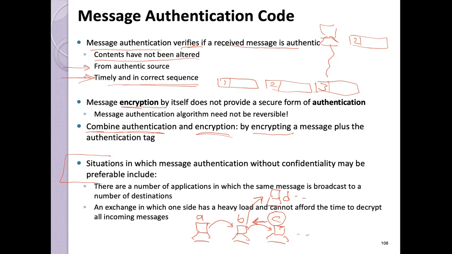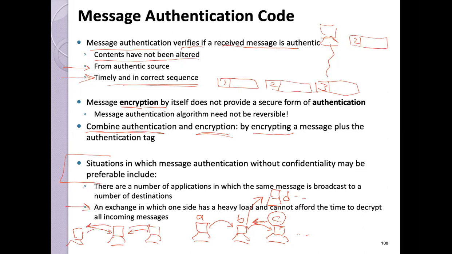Or the second situation is this: you have an exchange of information at which one side is heavily loaded. For example, you have a server and many other clients are getting connected to it for sending or receiving some information.